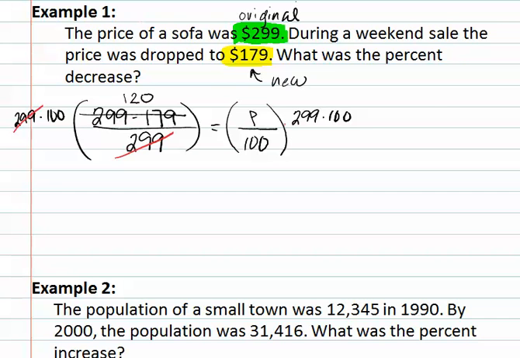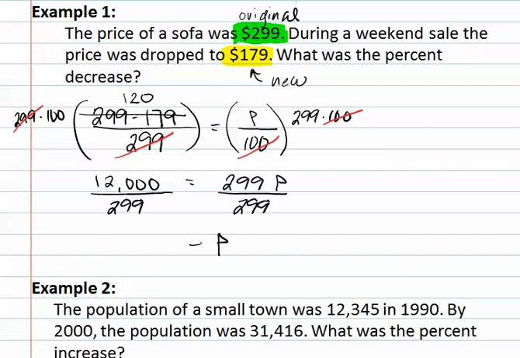That way we can just reduce out both denominators. We now have 120 times 100, which gives us 12,000, which equals 299p. Now we must solve this equation by dividing both sides by 299.